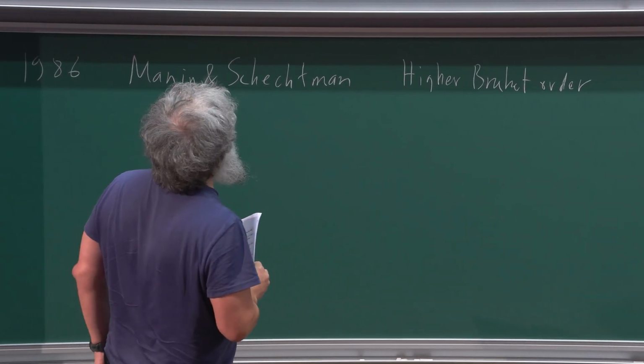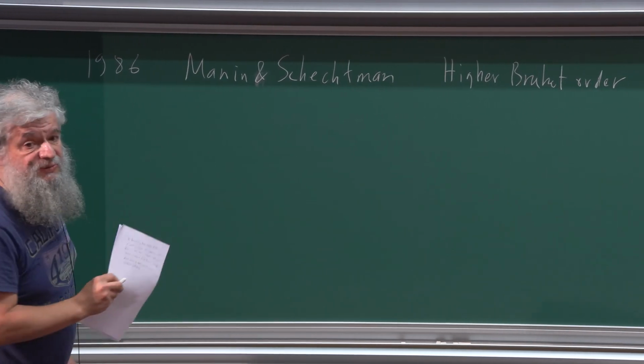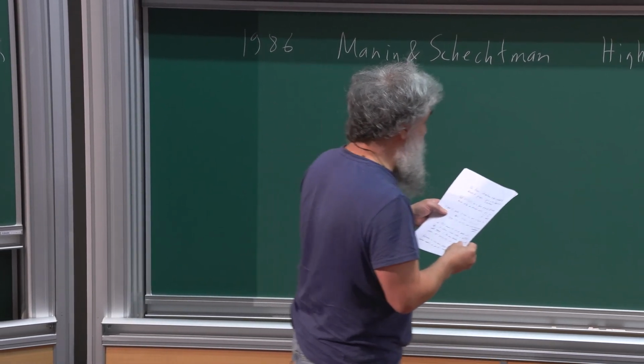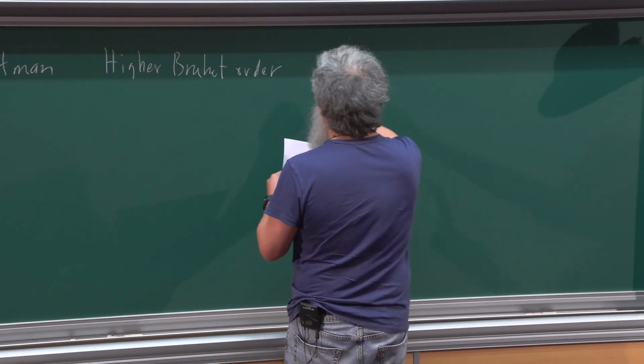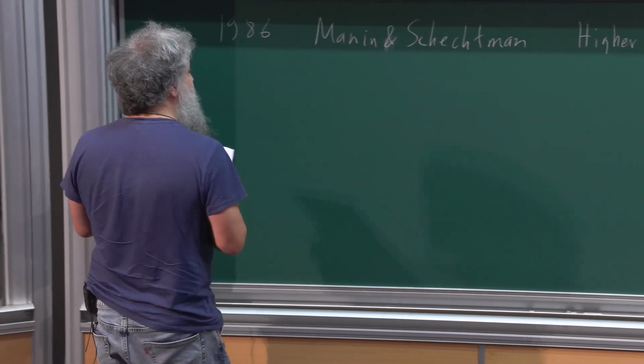They did this in relation to this story, thinking about some combinatorics of this Zamolodchikov equation. So what would be the aim of the talk? We are inspired by this combinatorics from Manin and Schechtman.